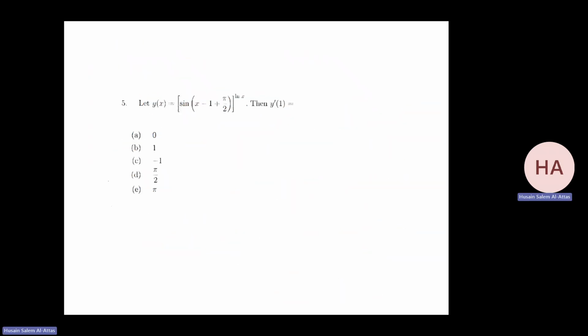Okay, let me continue. Take ln. Differentiate with respect to x. Let me do it quickly. So I have ln y equals ln x times ln of all of this. Differentiate. I have y prime over y.